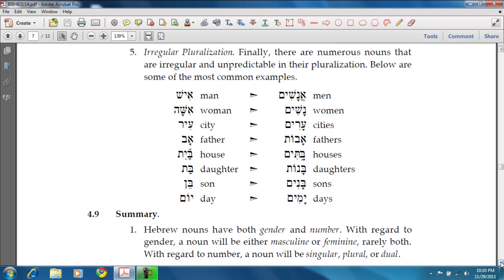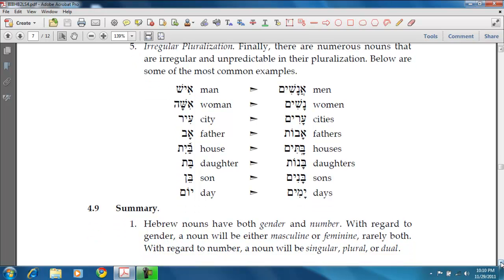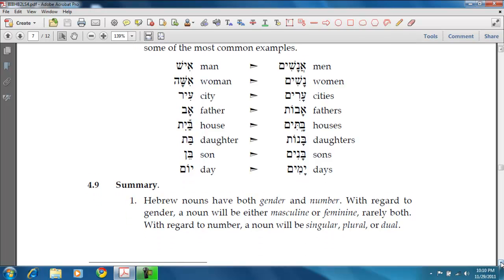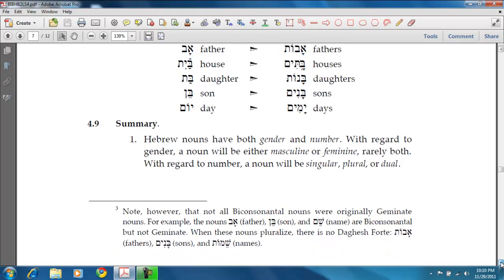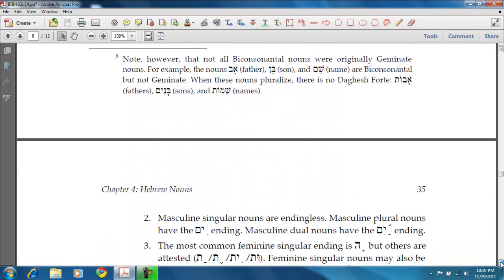Remember our summary, the Hebrew nouns have both gender and number. With regard to gender, a noun will be either masculine or feminine, rarely both. With regard to the number, a noun will be singular, plural, or dual. So, that's one thing that it does in Hebrew that doesn't happen in English.